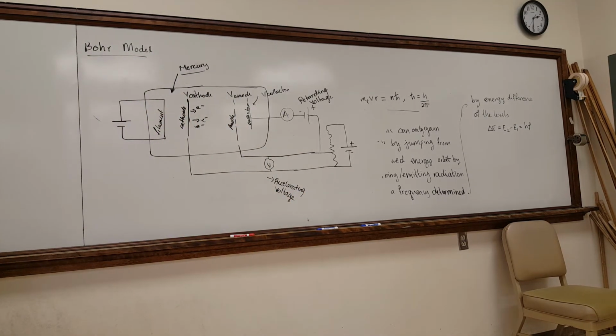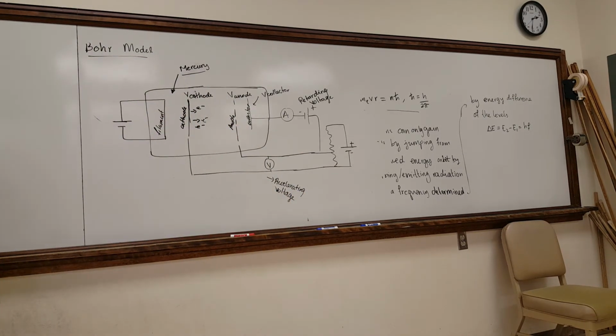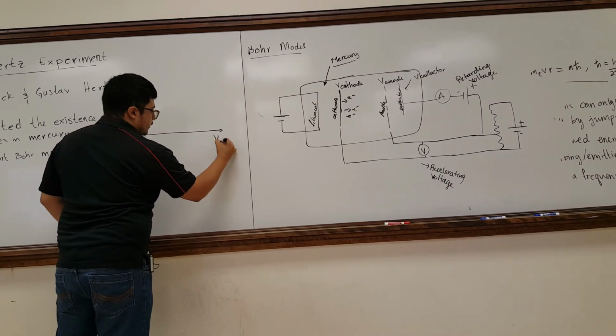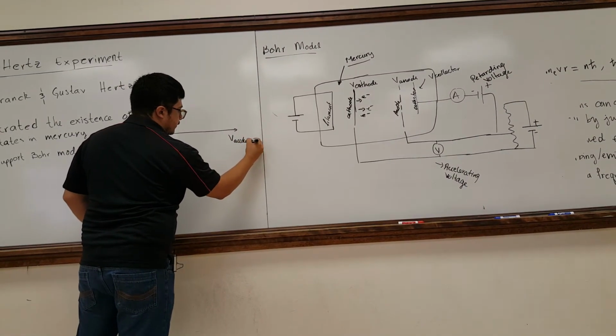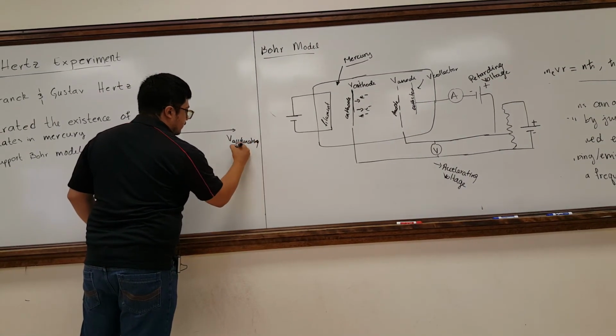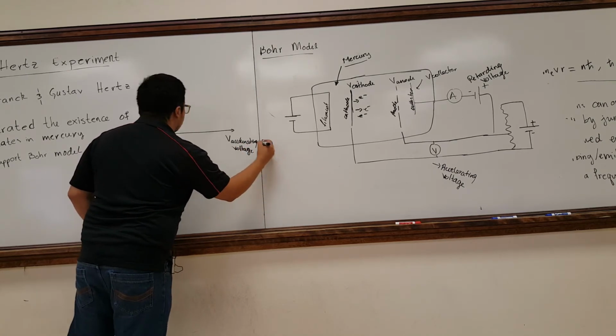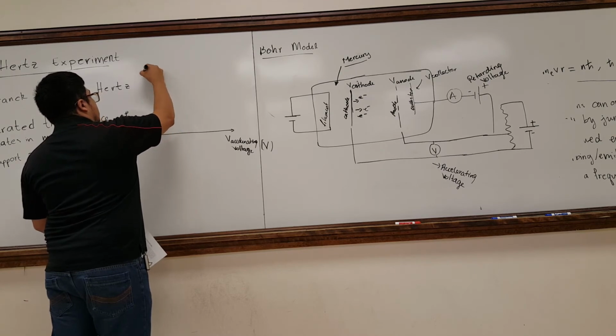Okay, so if we were to plot the current, we could plot the accelerating voltage here, in volts, and then the current there.